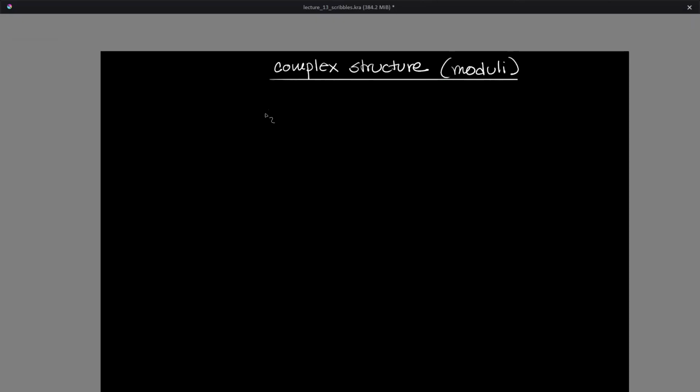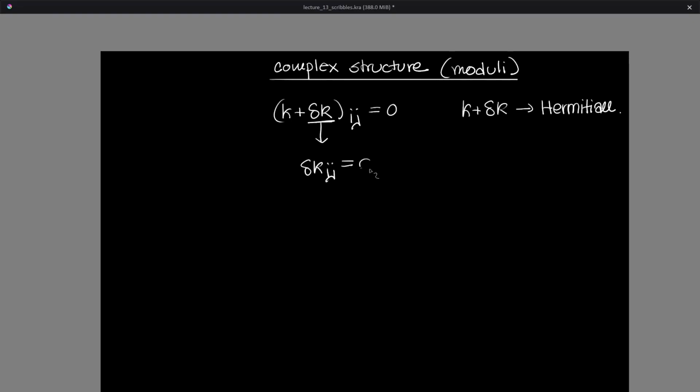So the first thing we're going to do is say that since we want K plus delta K ij to be 0, since we want K plus delta K to be Hermitian, we might be tempted to say, okay, let's take delta K ij to be equal to 0 itself.